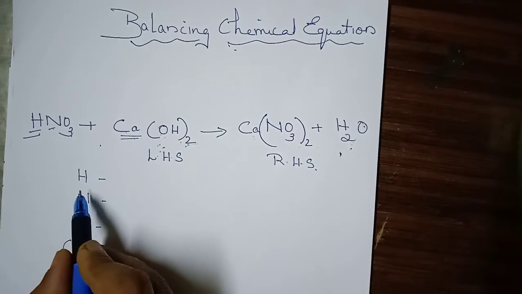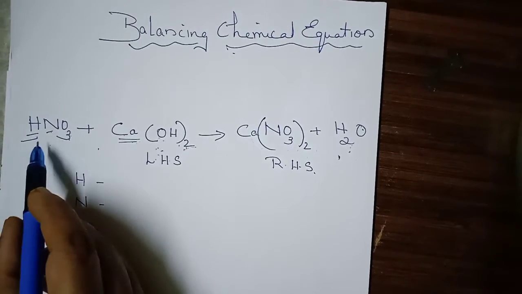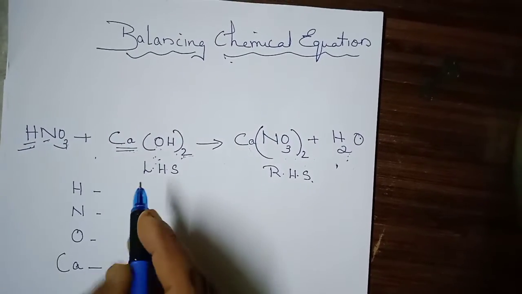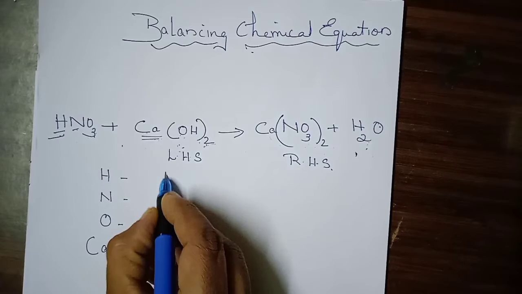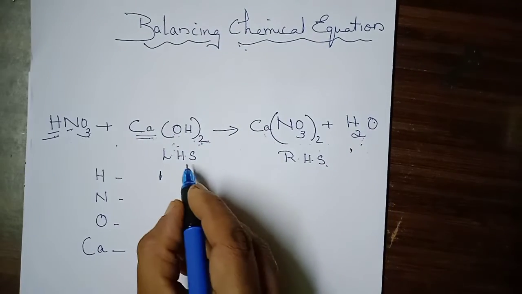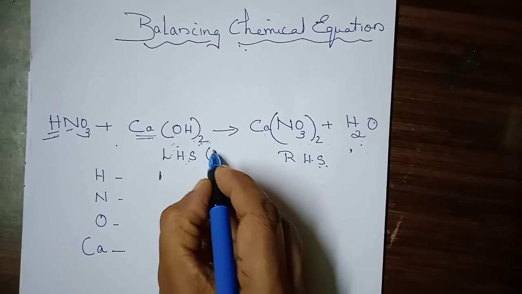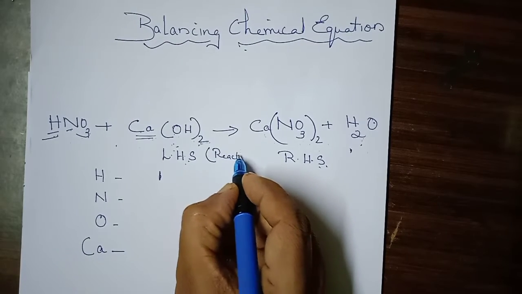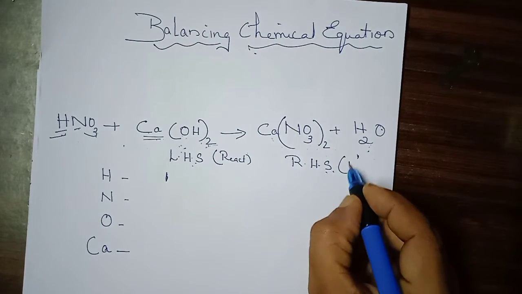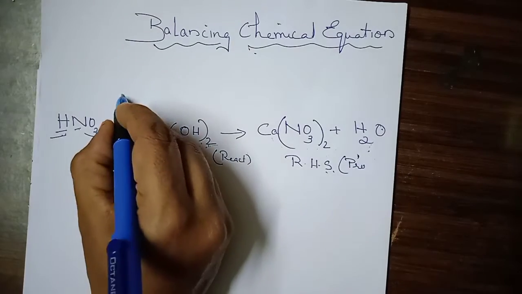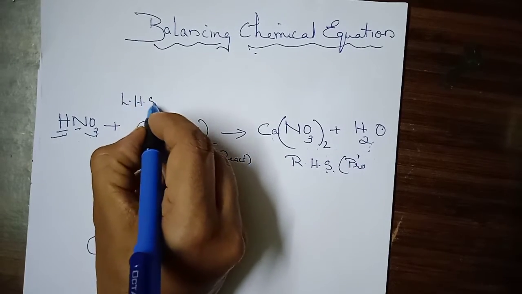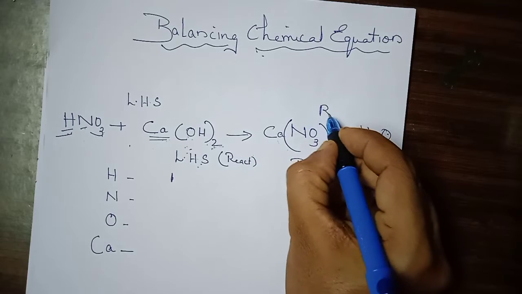Now we need to write the number of atoms on the left hand side as well as on the right hand side. Let us first begin from the reactant side. Here the number of hydrogen is 1. When you talk about the left hand side and right hand side, the left hand side we take as the reactants and the right hand side will be the products. So this is the LHS, the reactant side, and this is the RHS.